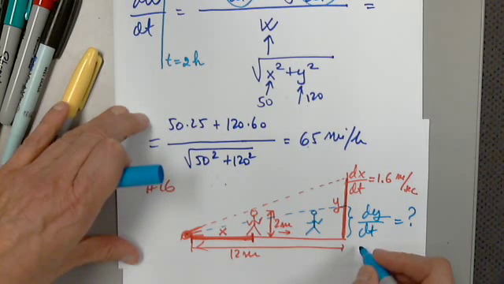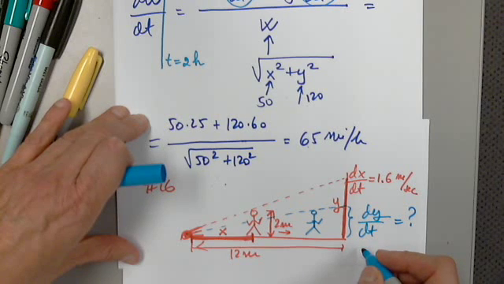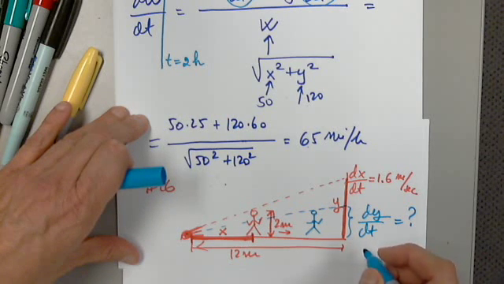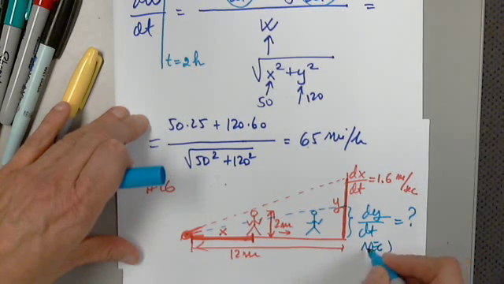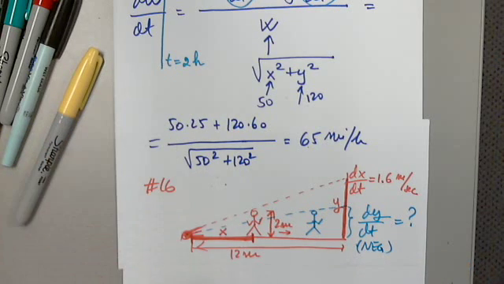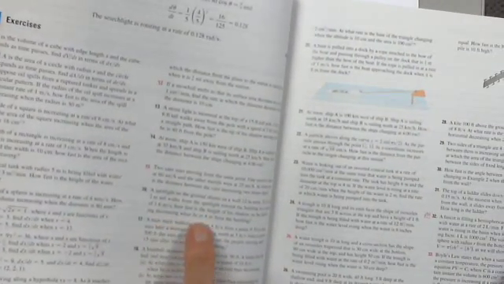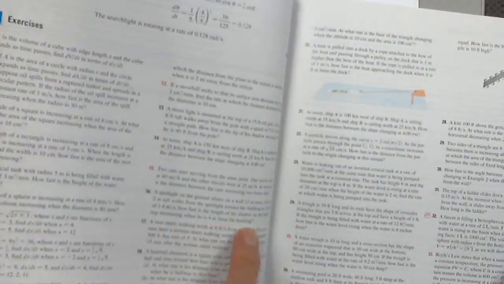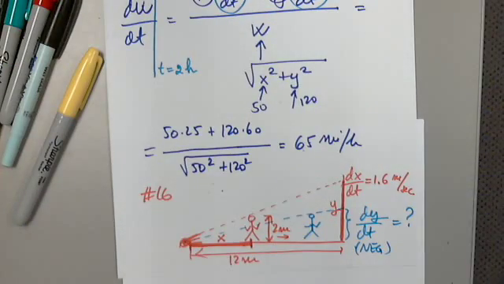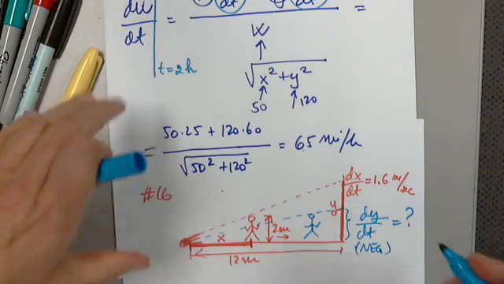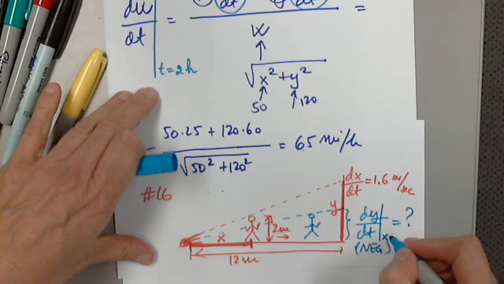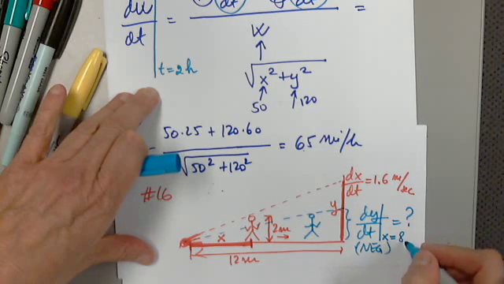I will make myself a note. Will it be a positive rate or a negative rate? Yes, it must be negative. Now also, I'm asked to evaluate this function when he is 4 meters from the building. What does 4 meters from the building mean? In other words, when x is, that's it.